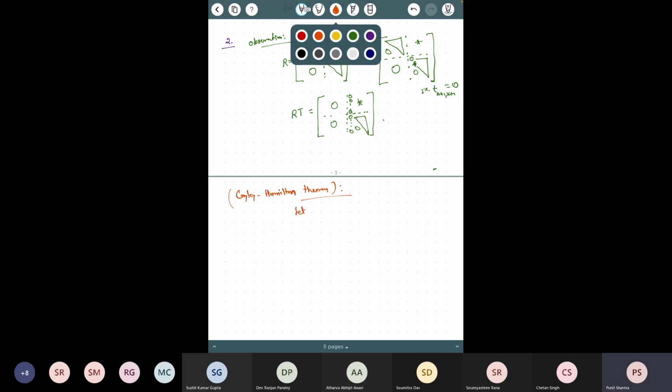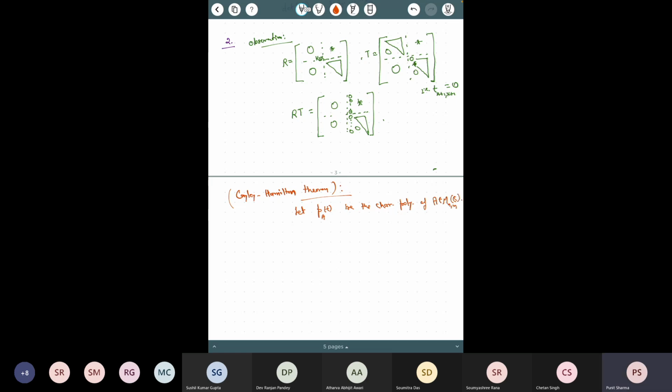I will write it as he has mentioned. Let P_A(t) be the characteristic polynomial of A. A is an n cross n matrix over C.